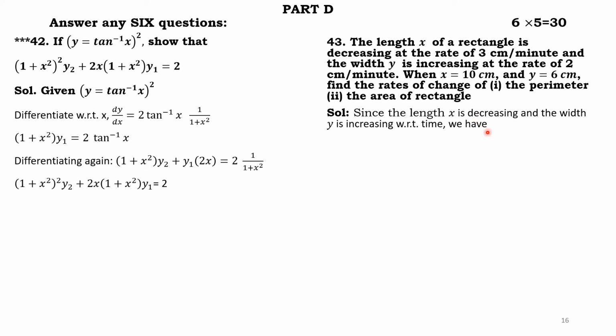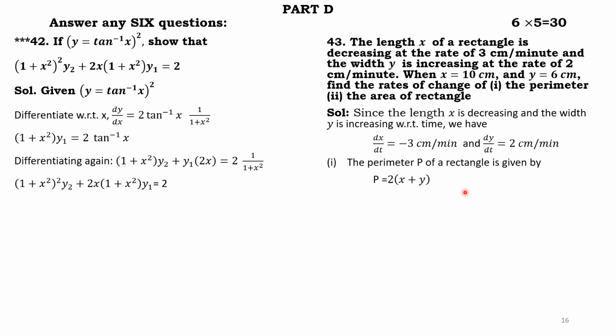Since length x is decreasing and width is increasing with respect to time, we have dx by dt equals minus 3 centimeters per minute, it is decreasing, and dy by dt is equal to plus 2 centimeters per minute. That is, the width is increasing, the length is decreasing. So therefore, the perimeter of the rectangle is given by P is equal to 2 into (x plus y).